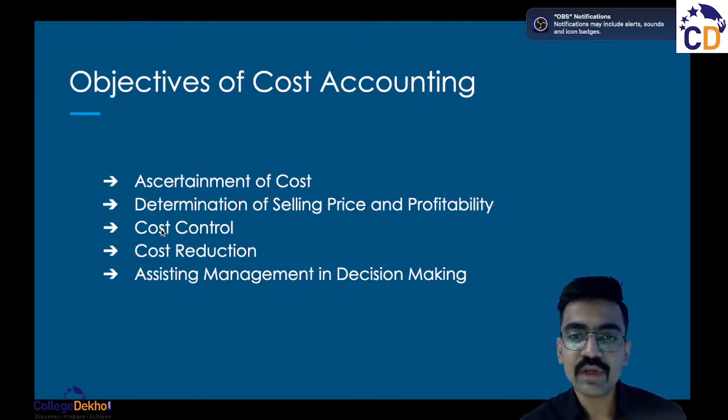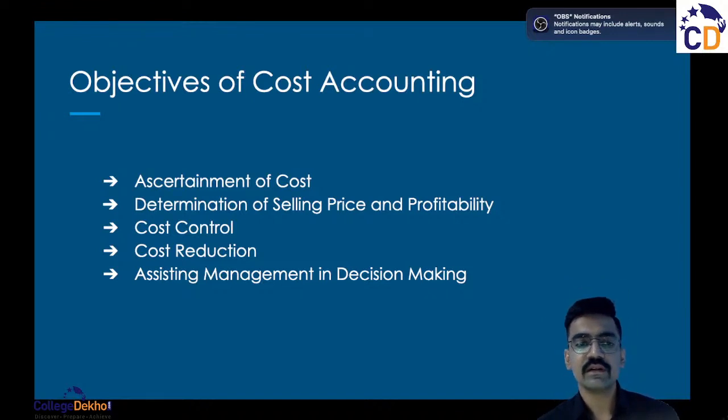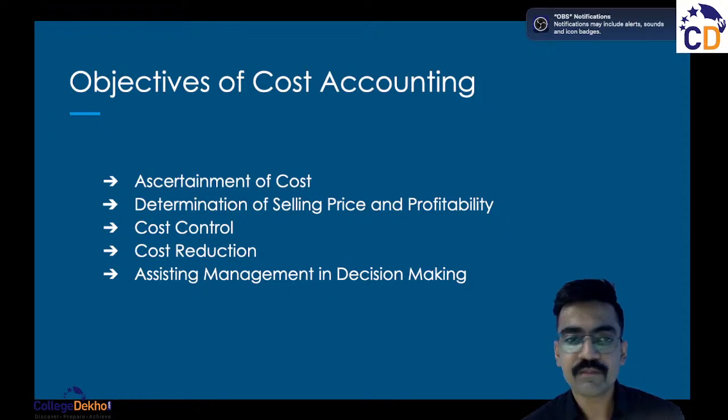So just controlling the costs and trying that these costs do not go beyond a certain level, right? Because if the costs go beyond a certain level, then your profit margin will decrease, and if it goes beyond the margin level a lot, then not only would the profit margin be reduced, but the company would also incur a loss, right?